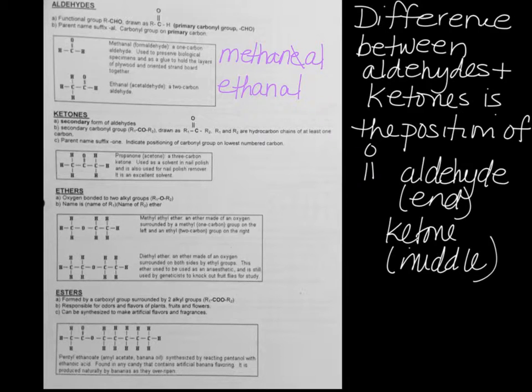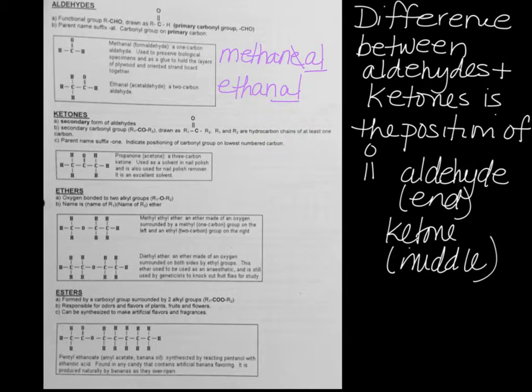So we have ethanal and methanal. Whenever you see an AL ending, you know you have an aldehyde. And that's kind of cool because aldehyde begins with AL. You will not be asked, or will you have to know, the formal names of formaldehyde, which is used in the preservation of specimens, or acetaldehyde.